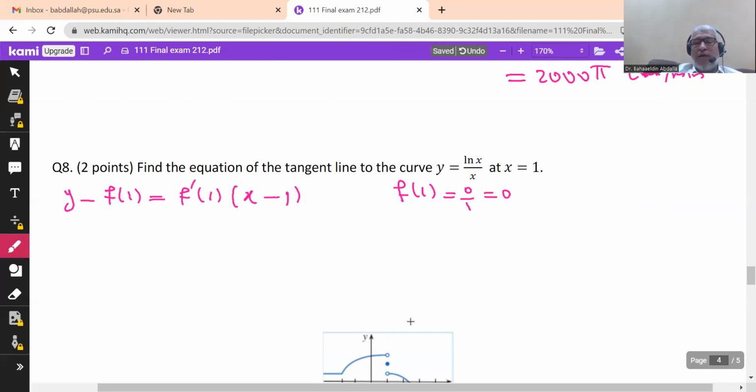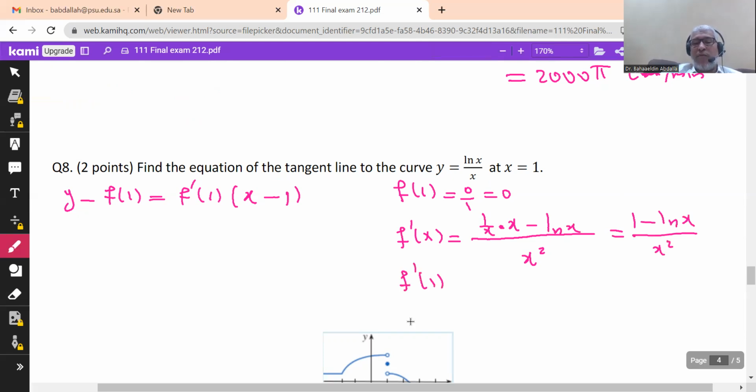To find f prime of 1, I find f prime of x. This is a quotient rule. I have to use the quotient rule. Here, the derivative of ln x is 1 over x times the denominator, which is x, minus the derivative of x, which is 1, times ln x. x times 1 over x is 1, so the derivative is 1 minus ln x over x squared.